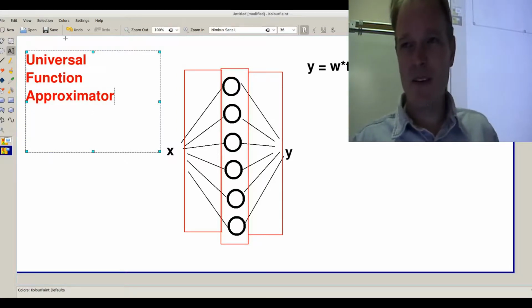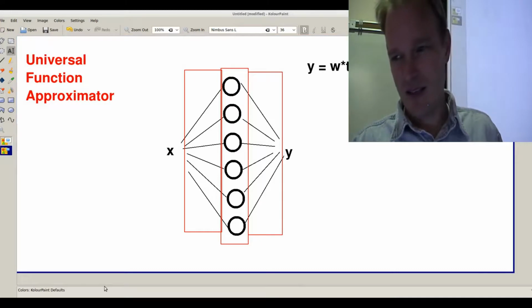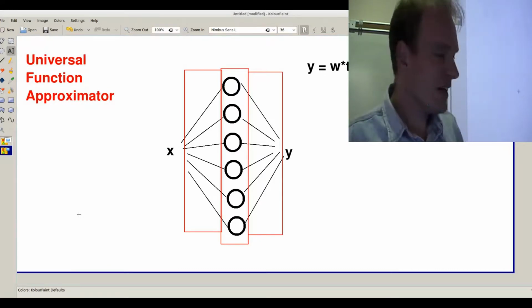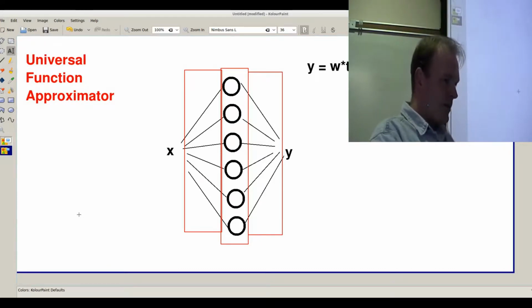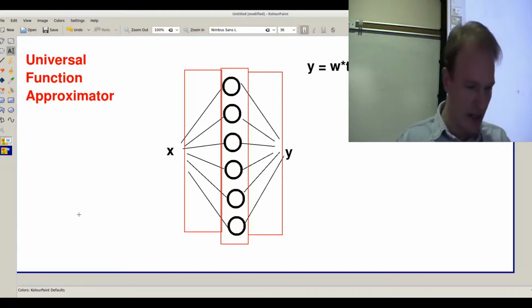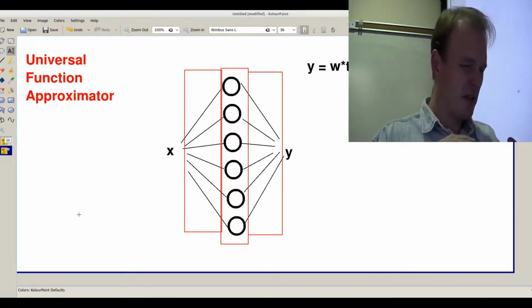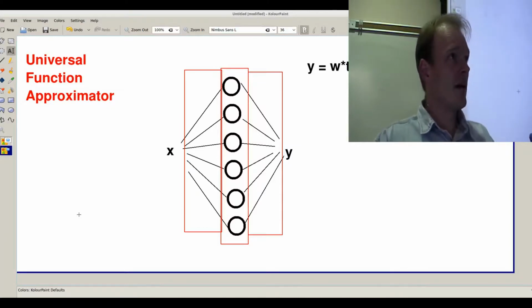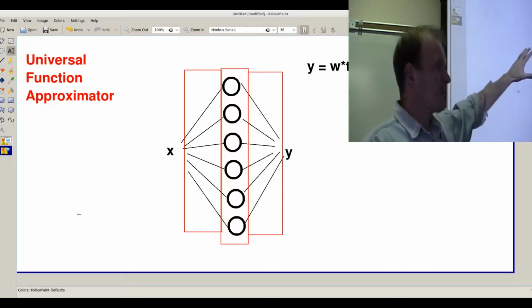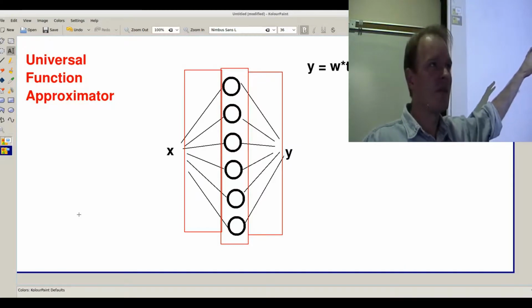Okay, so, well, the answer, of course, is yes. It's nice to know that we don't need to make neural networks more complicated, isn't it? If you wanted to study machine learning and come up with a model that was sufficient to handle your problem, you might ask the question, are neural networks good enough to handle my problem?